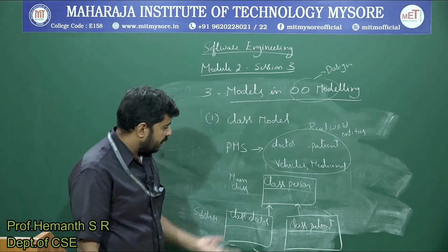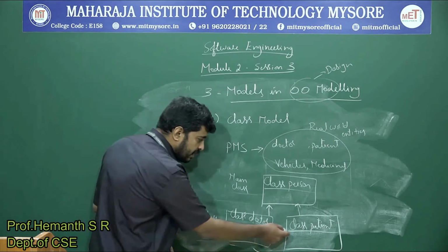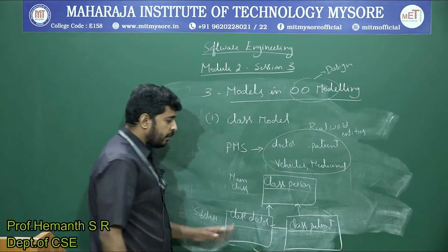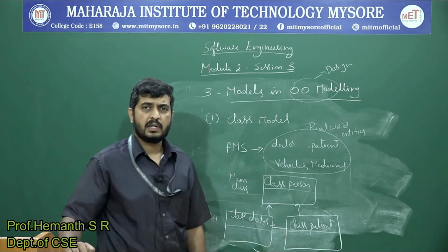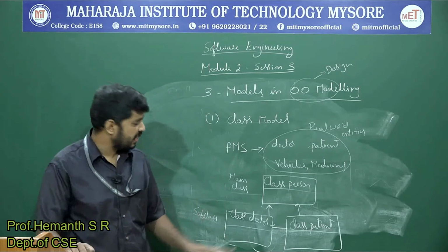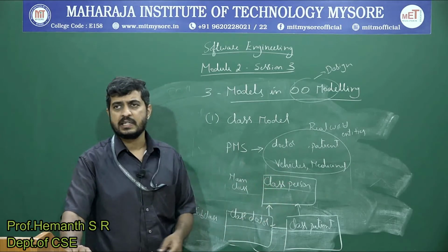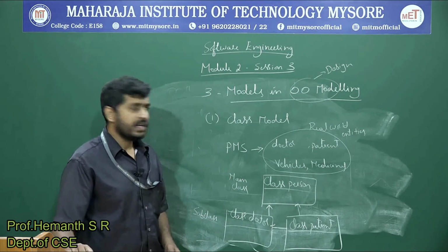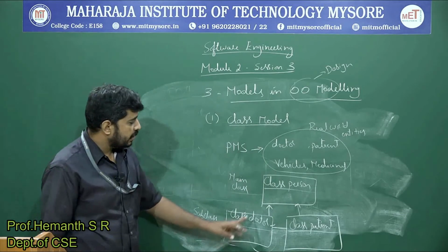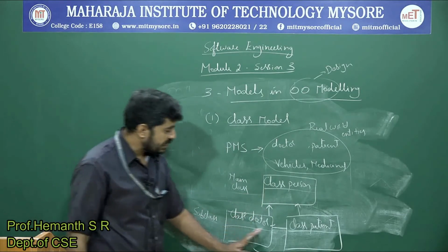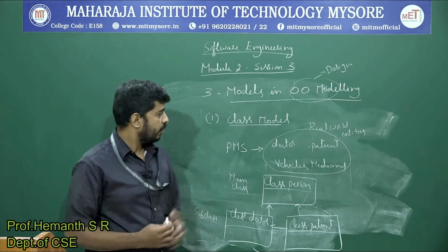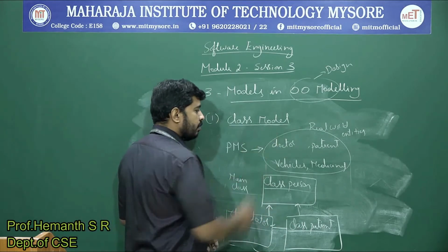For example, how class doctor is related to class patient. We represent that through lines and also mark the relation. Many types of relationships are there, the detailing of which we will see later. The bottom line here is the class model helps us identify the different classes, subclasses, and how they are related to one another. So this is the class model.